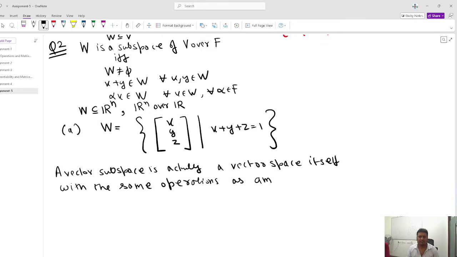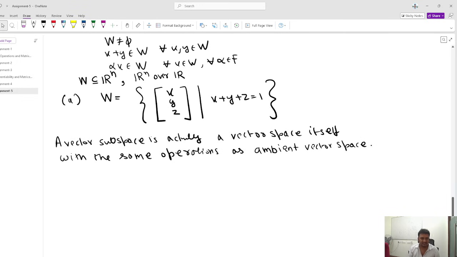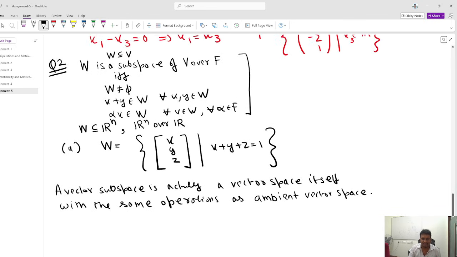Wherever your subset is coming from, whichever vector space, over the same field. So if it is a vector subspace, it must have zero. And the zero of the whole vector space is the same as the zero of the subspace, as you might have observed while understanding the logic behind this particular result.